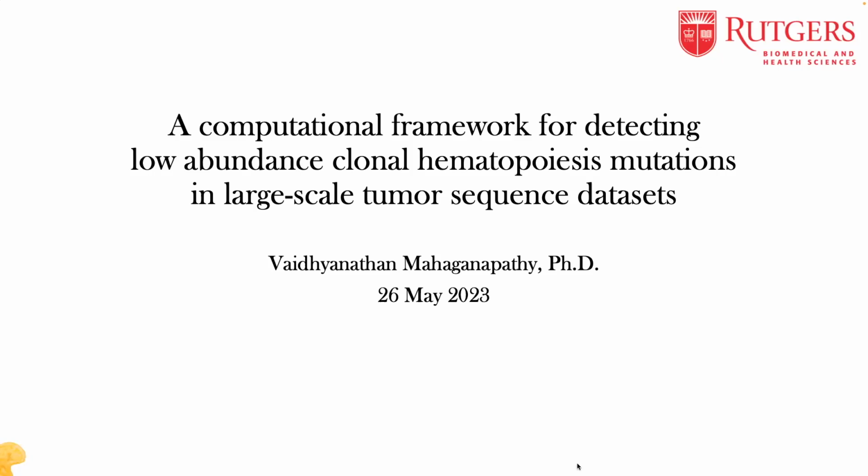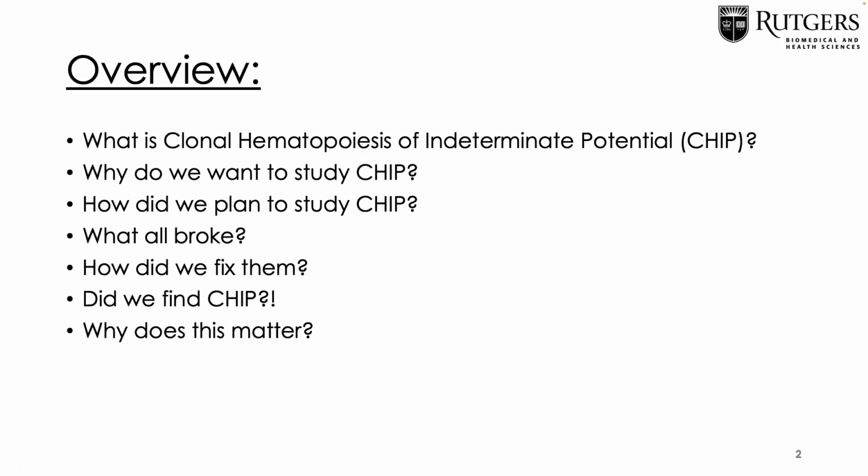Good afternoon, everyone. So the topic of my dissertation is a computational framework for detecting low abundance clonal hematopoiesis mutations in large-scale tumor sequence datasets. The way I've structured this talk today is to first explain what CHIP, or clonal hematopoiesis of indeterminate potential, is. Why are we interested in studying CHIP?